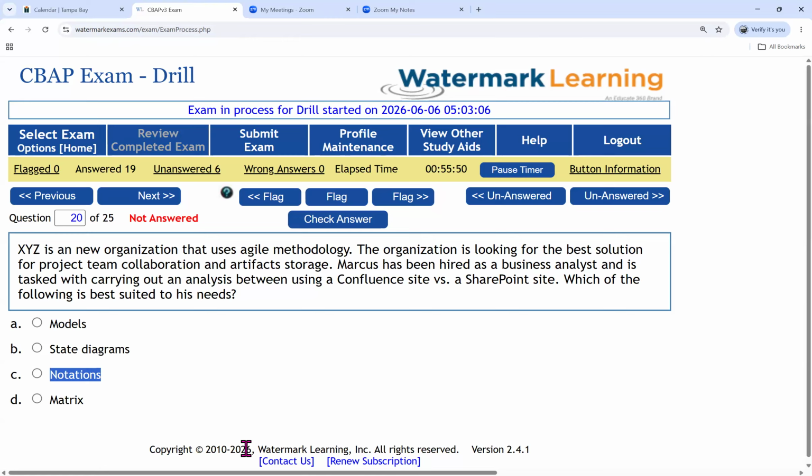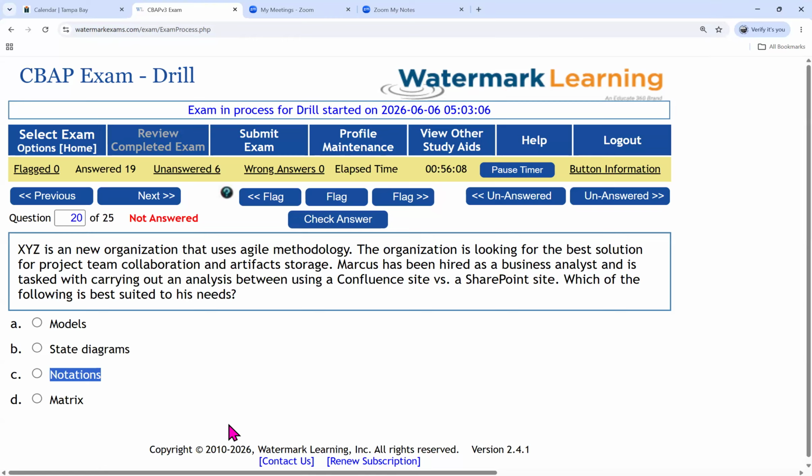I associate notations with writing, how we define things. Yes. Okay, so what do we think is the correct answer?